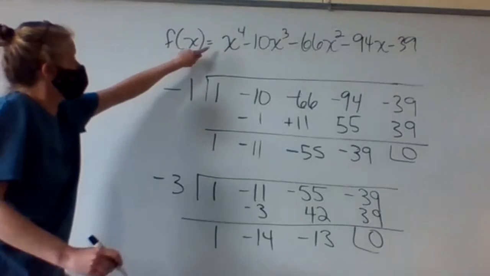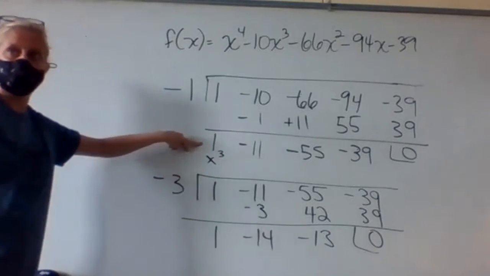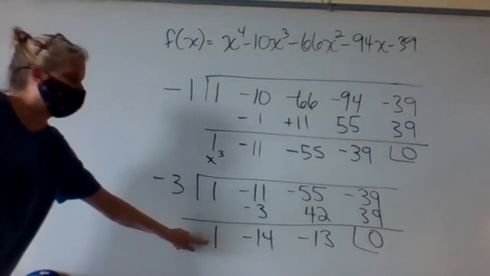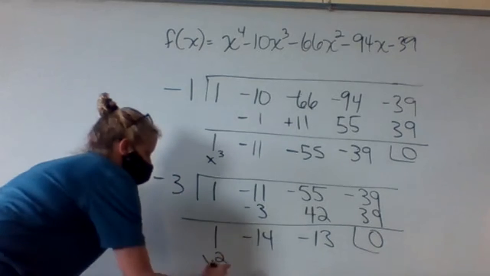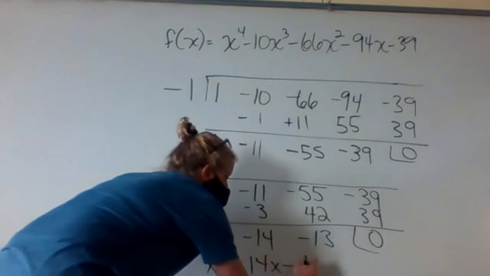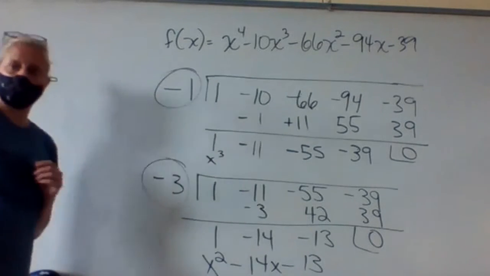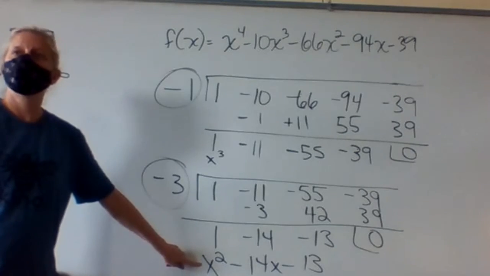So if this started off with x to the 4th, its answer would have been x to the 3rd. If I did synthetic division again with an x to the 3rd, what's this going to end up being? Good, good. So -1 is a 0, -3 is a 0. There's 4 zeros. What can I do now?